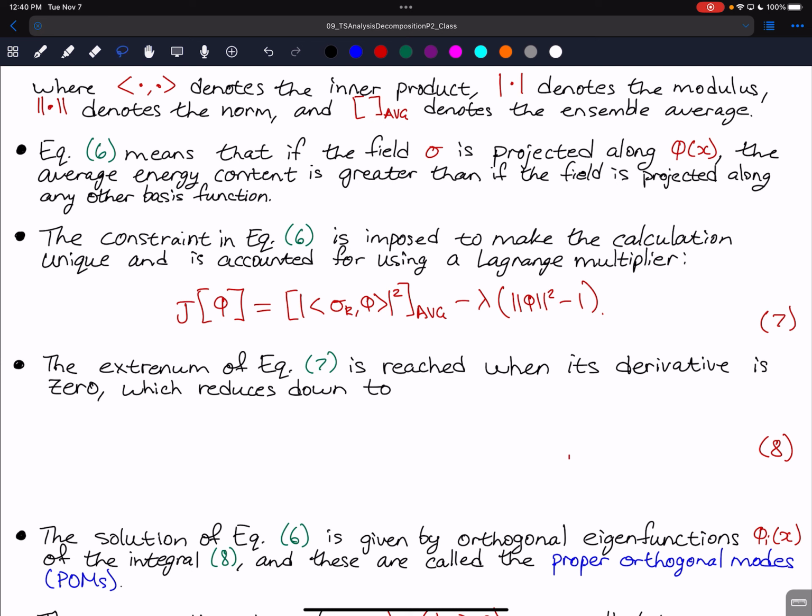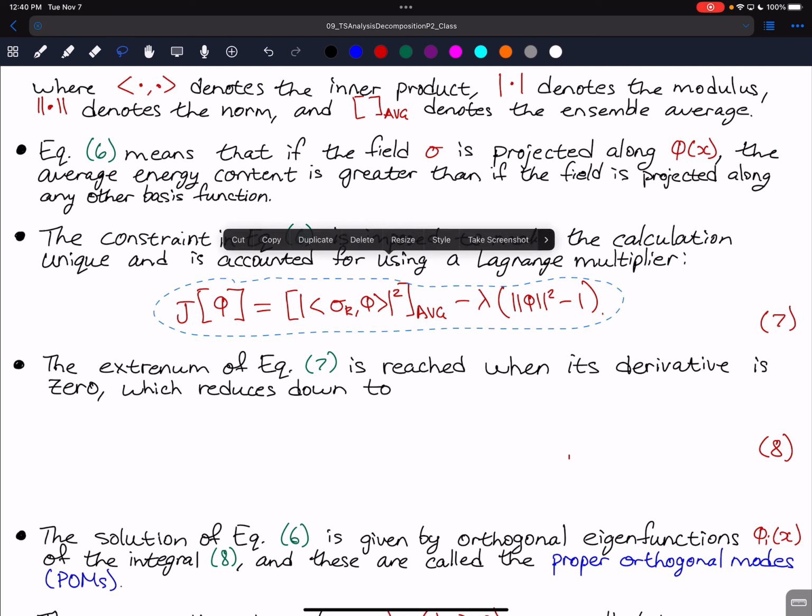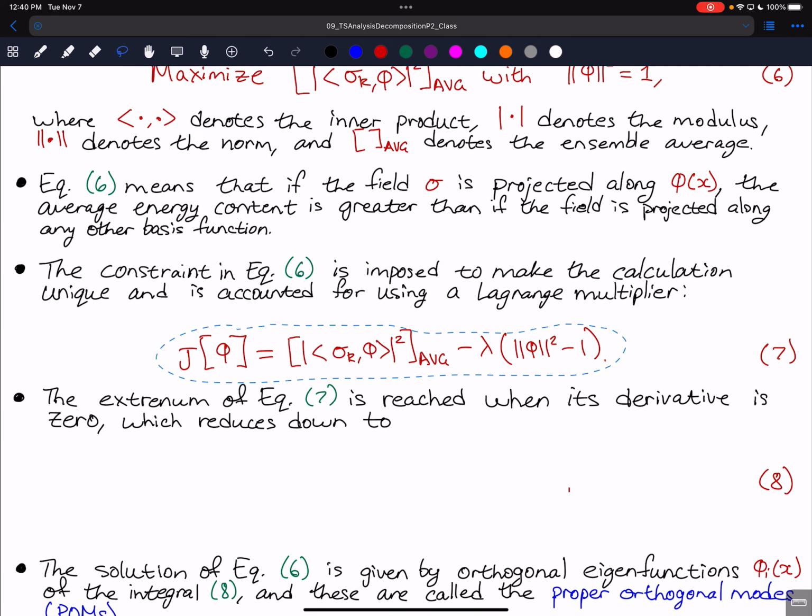So we've built this constraint into the functional using a Lagrange multiplier.